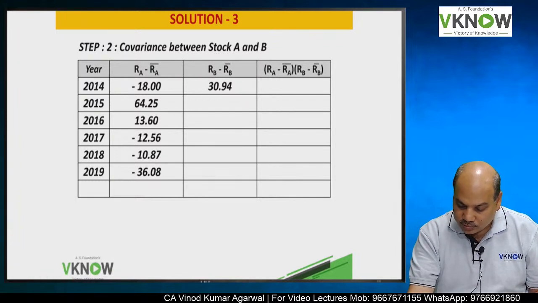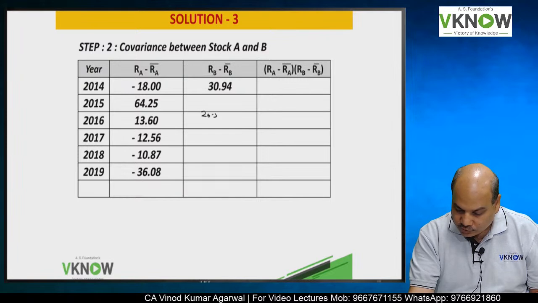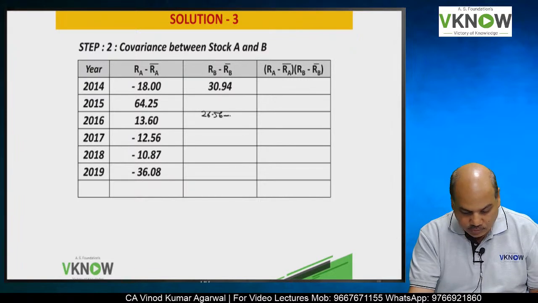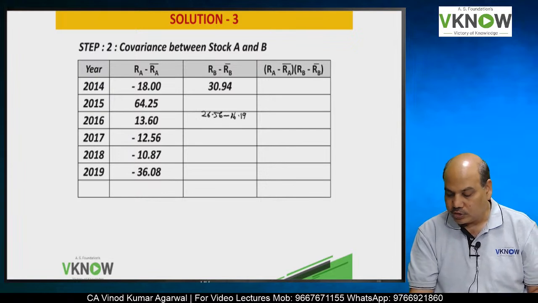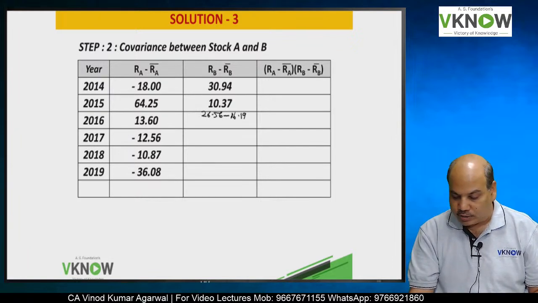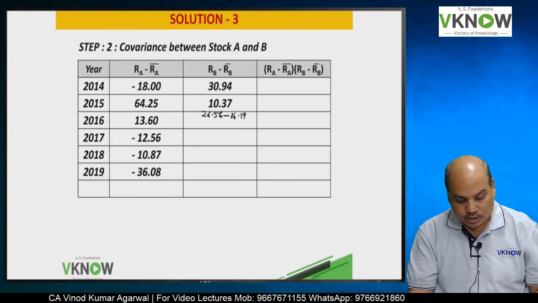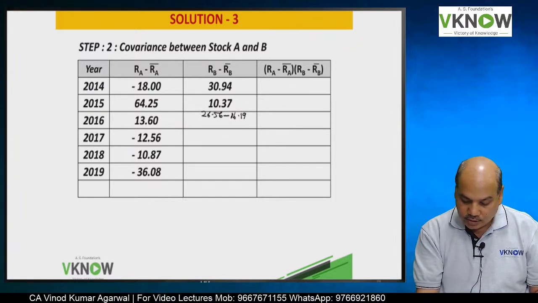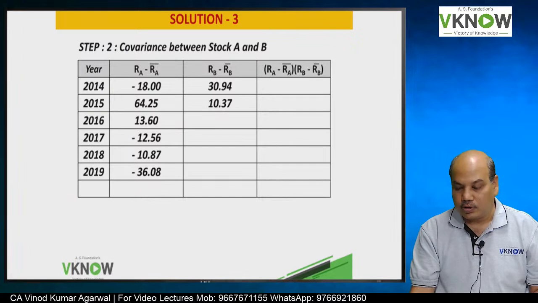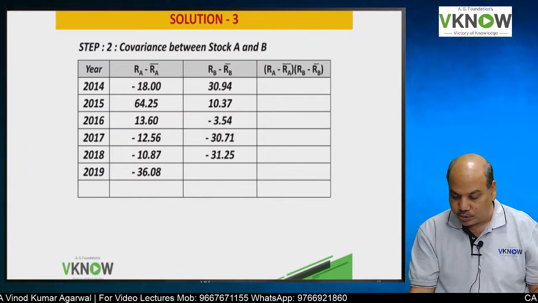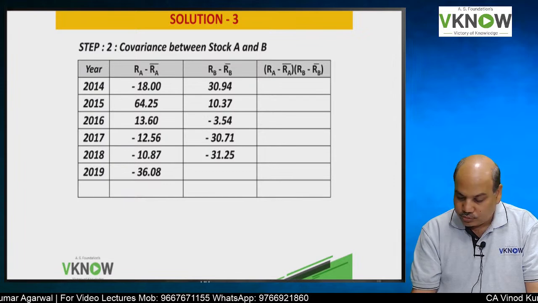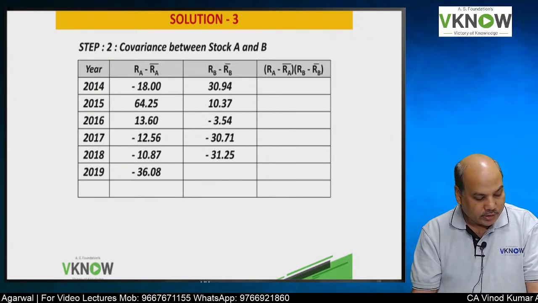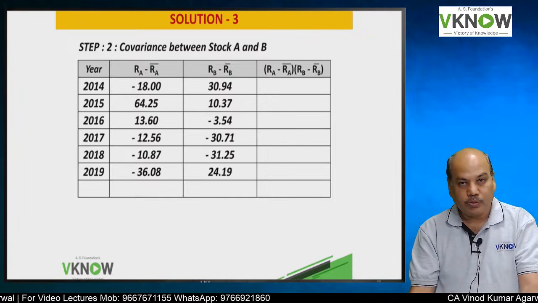Then in the next year, it is 26.56 minus 16.19. Take the answer, 10.37 approximately. This way you do the calculation for other 4 years. Minus 3.54, minus 30.71, minus 31.25 and 24.19.